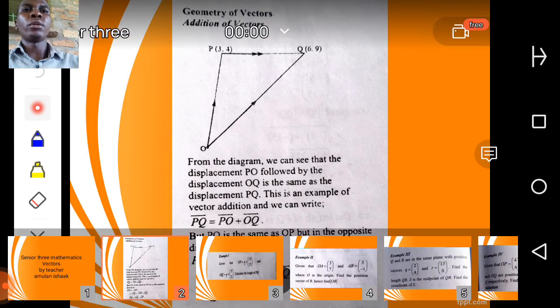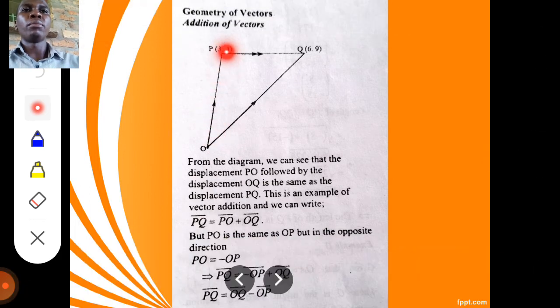Because this arrow is going upwards. When you are coming backwards, we have to put a negative, but when you are going frontwards, there is no need for a negative sign. When you are coming backwards, there should be a negative sign with the vector, because the direction is not the same.